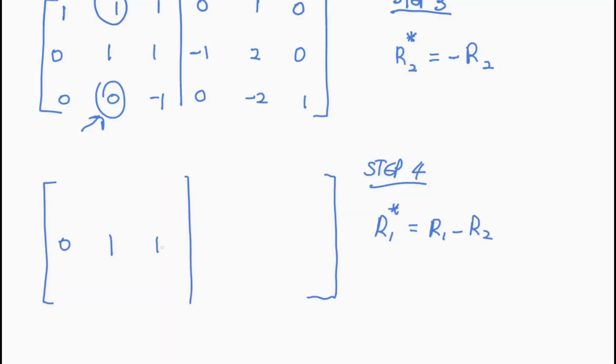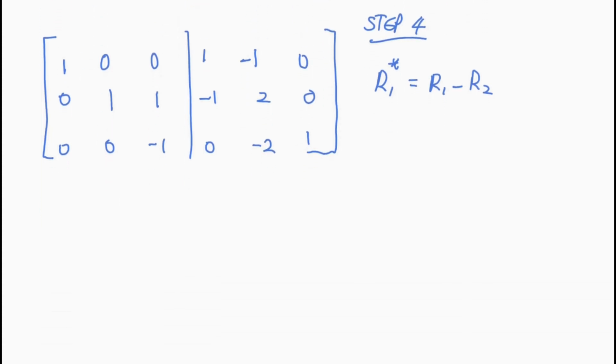And here everything will be 1, 0, 0, 1, negative 1, and 0. Understand?